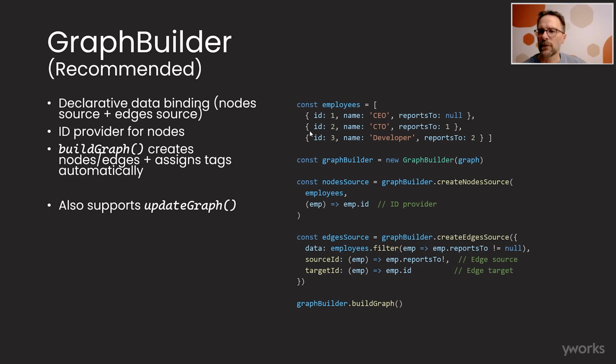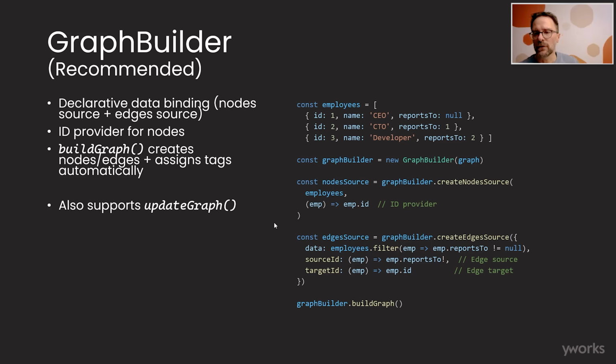Again, we start with the data that we get from somewhere. In this case, it's just hard-coded, just for this example. We instantiate a graph builder and tell it what graph instance to populate. So the graph builder will go and add elements to this graph instance. And when you get that graph instance from a graph component, it will immediately appear on the screen.